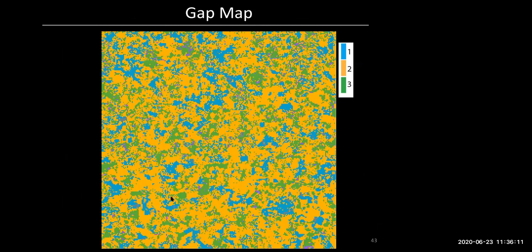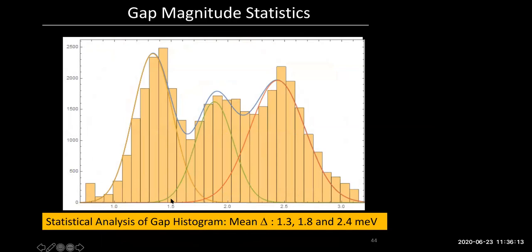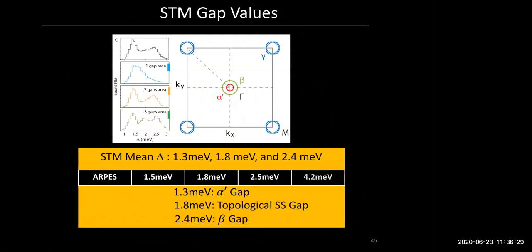So this basically shows you the distribution of gaps in this area. It's pretty inhomogeneous. If you look at the gap histogram, at low energies, you get these 3 distinct peaks. And if you look at the mean values of the gap, we get 1.3, 1.8, and 2.4 milli electron volts. So that's what it is then.